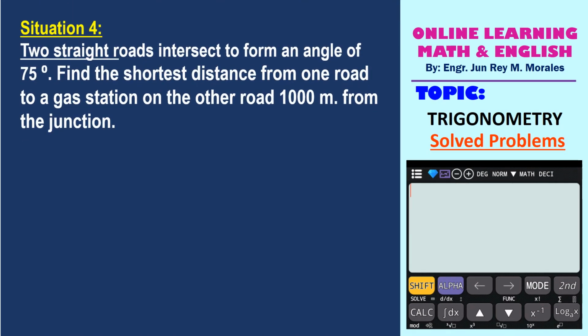Let's solve situation number 4. Two straight roads intersect to form an angle of 75 degrees.